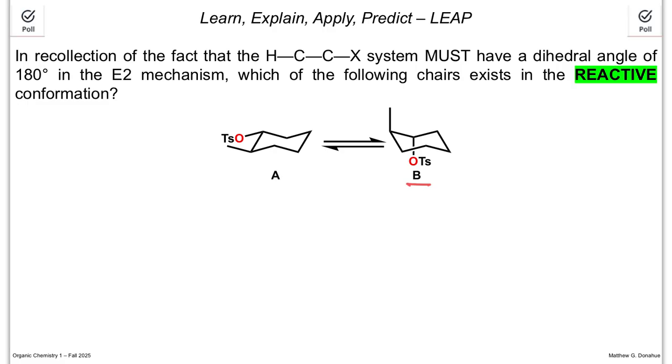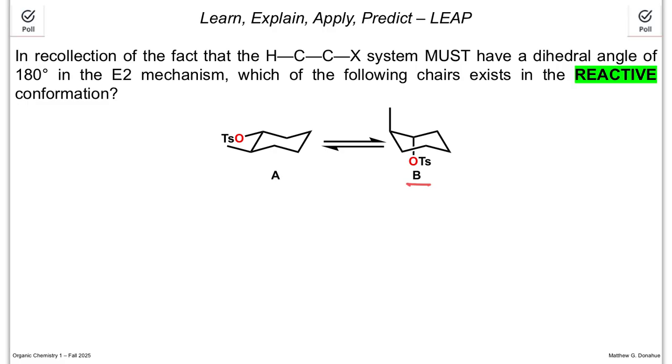So again, to reiterate that, in the energy well, A is going to be more stable because the things are equatorial, but B is going to be the one that reacts. So A has to get to B, and then it can go to an elimination.